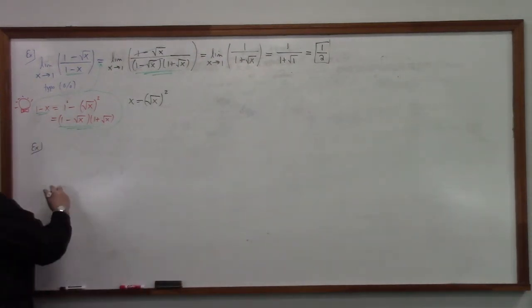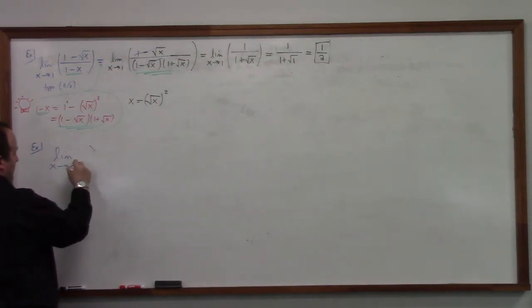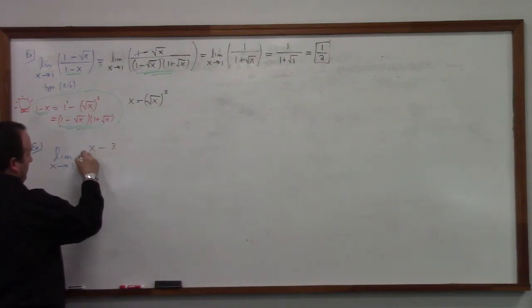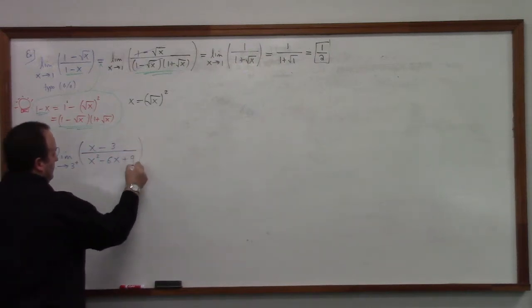Another example might be this. Let's go from the positive side, x minus 3 over x squared minus 6x plus 9.